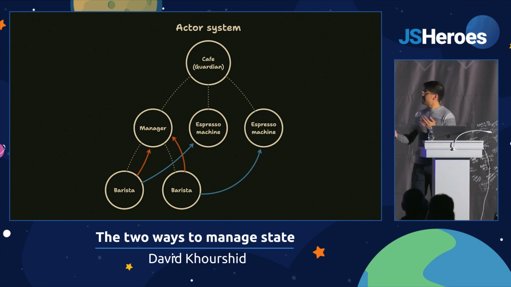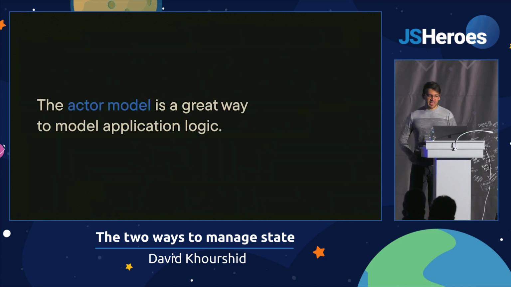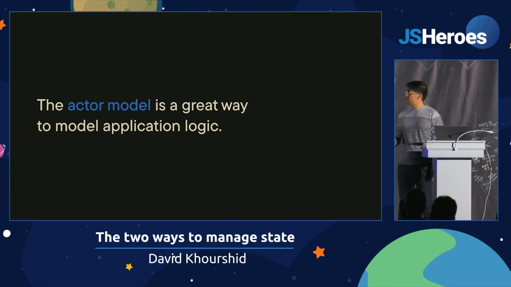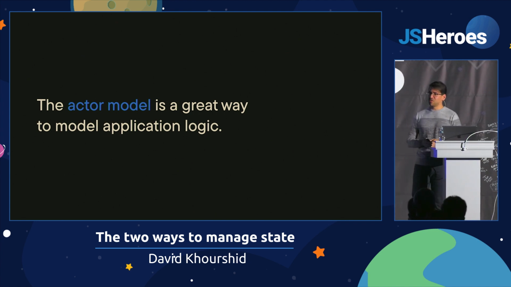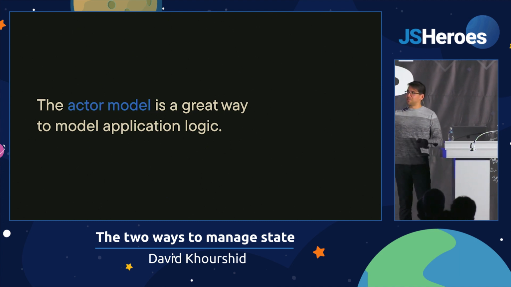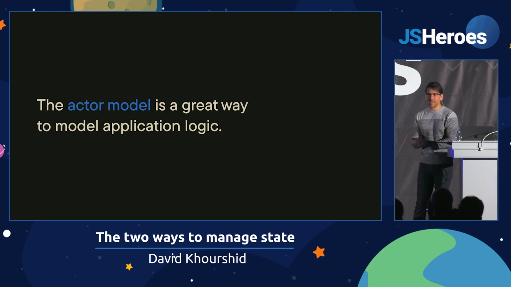The reason I'm explaining all this, just in a really quick way, is that I believe the actor model is a great way to model application logic. That just means, like I said, separating your states into different entities, different domains. So you could think of domain-driven design in this way.